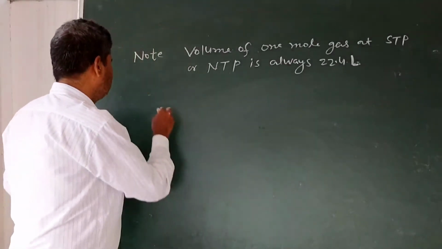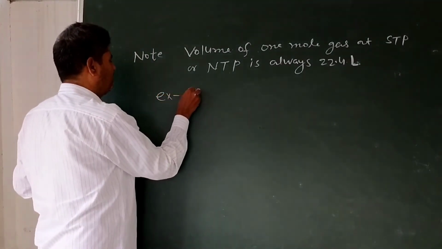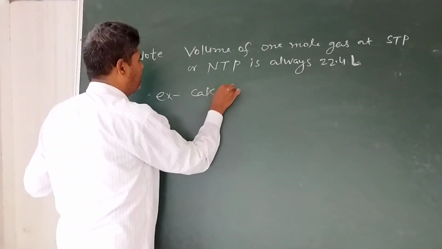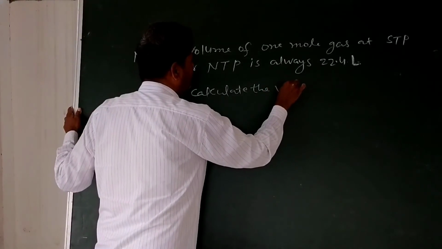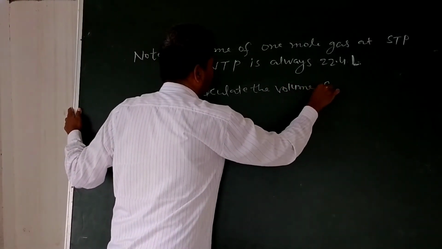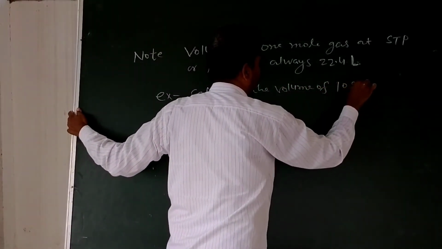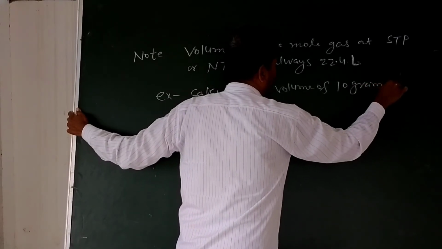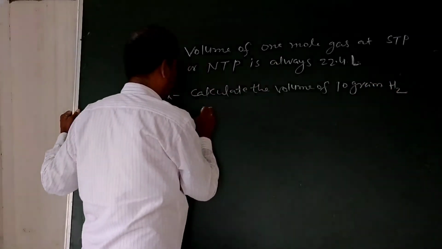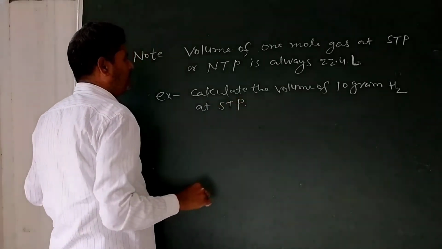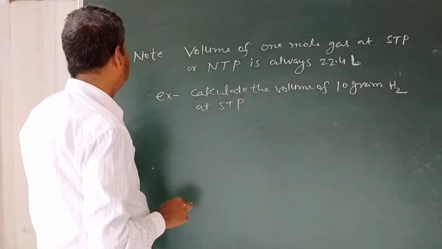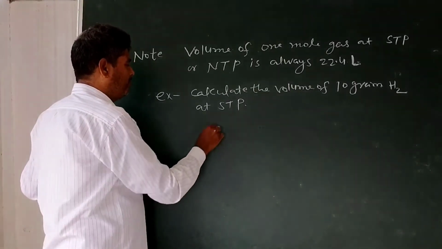For example, calculate the volume of 10 gram hydrogen at STP. First of all, we will find out the mole number.